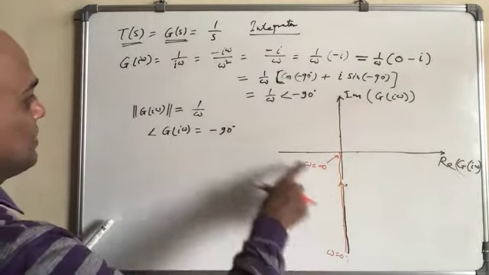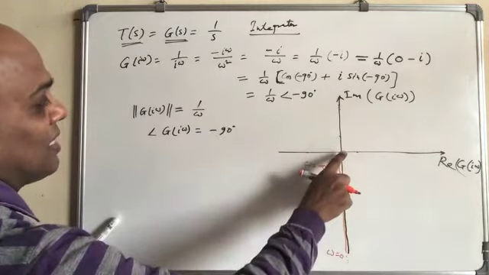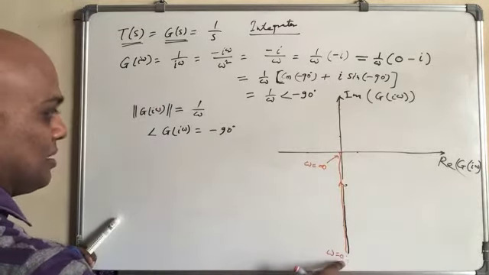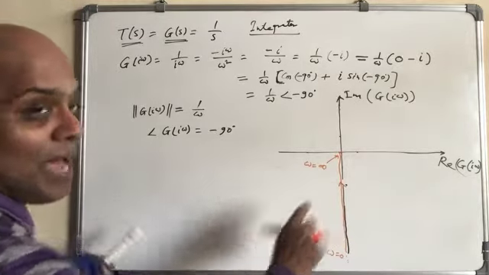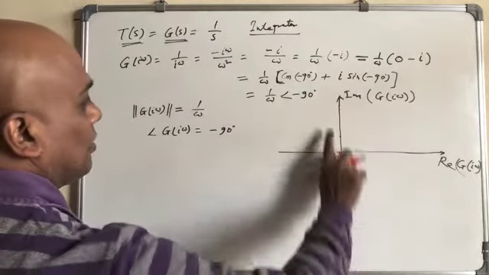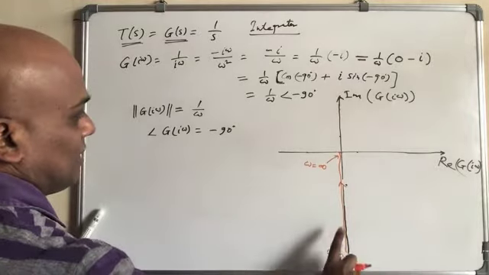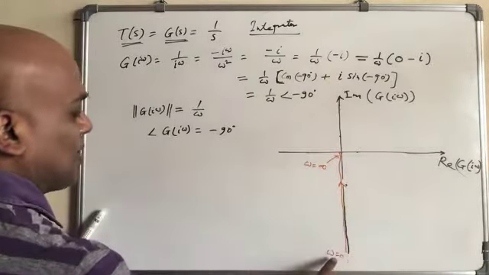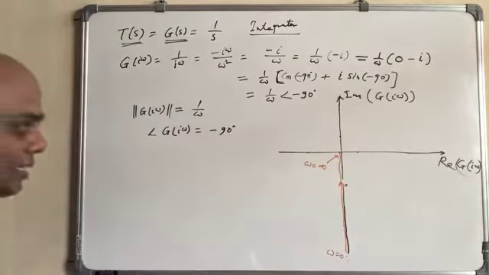That means the magnitude is 0 when ω is infinity, and the magnitude is infinite when ω is 0. Again I have given an arrow here, meaning that this is the direction of increase in ω, from ω equal to 0 to ω equal to infinity. So this is how the plot will look.